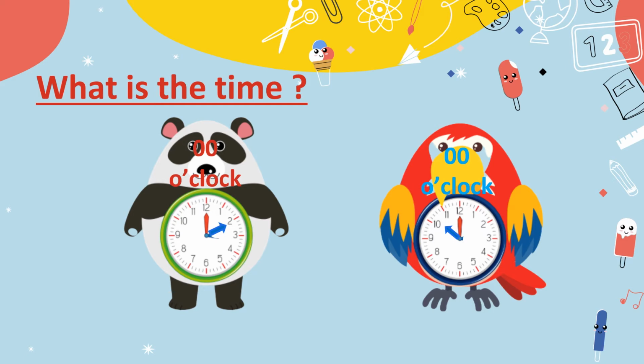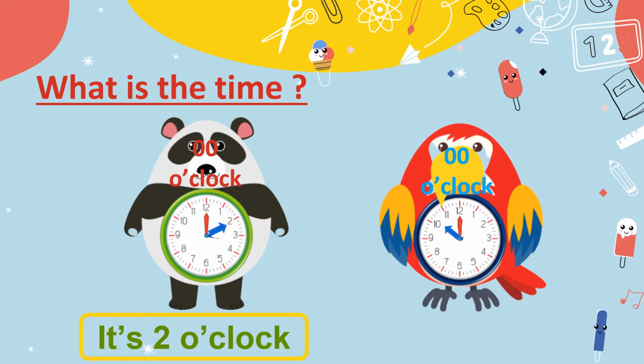Let's practice more. What is the time? In the first clock here, the short hand points to 2 and the long hand points to 12. So in analog form, we said before, when the long hand points to 12, it means o'clock. So it's 2 o'clock. Second clock here, the short hand points to 10 and the long hand points to 12.